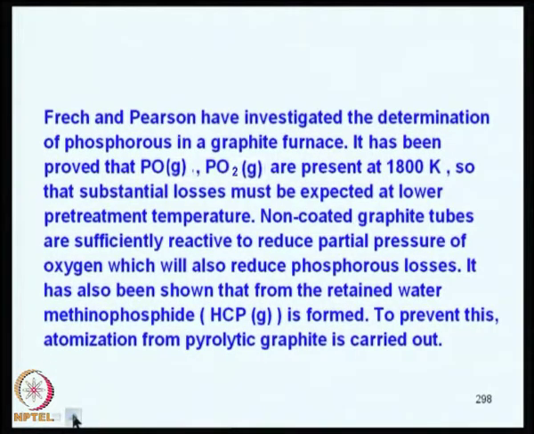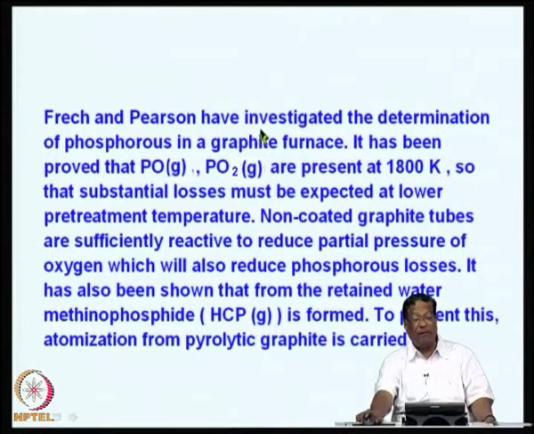Fresh and Pearson have also investigated the mechanisms for other elements. For example, they investigated the determination of phosphorus in a graphite furnace. It has been proved that PO and PO2 are present at 1800 Kelvin, so substantial losses must be expected at lower pretreatment temperature.